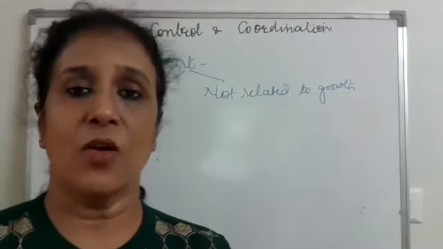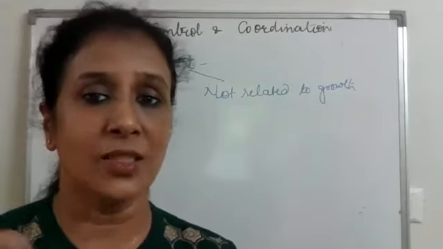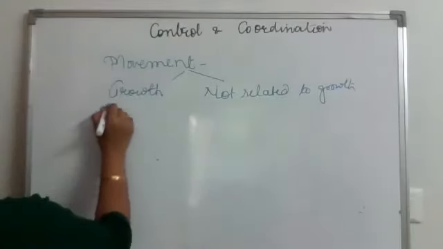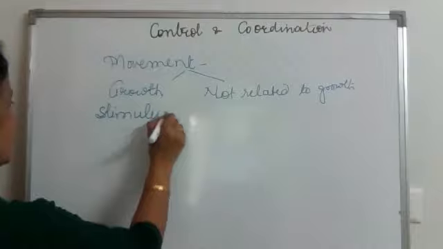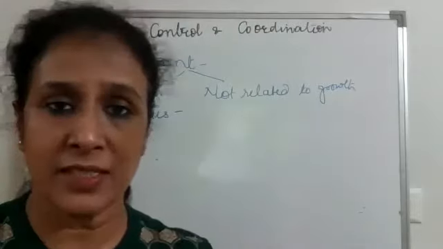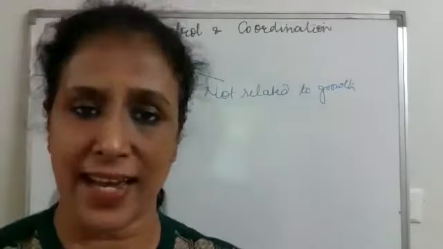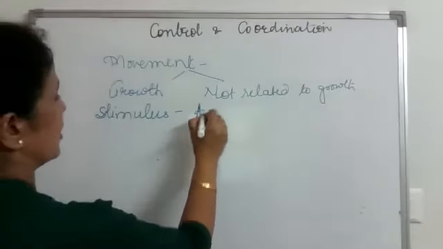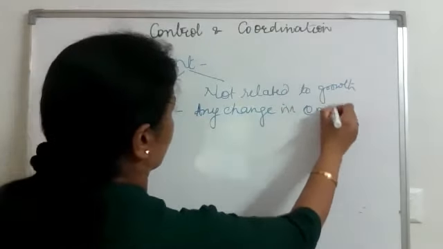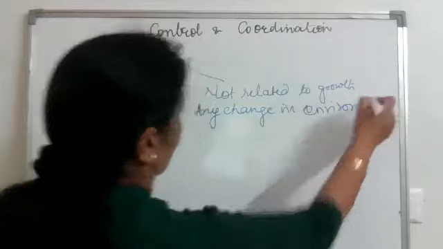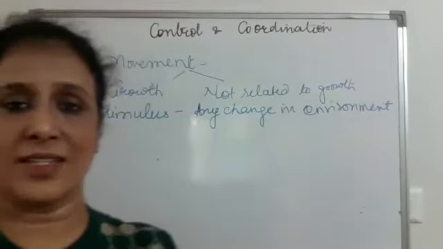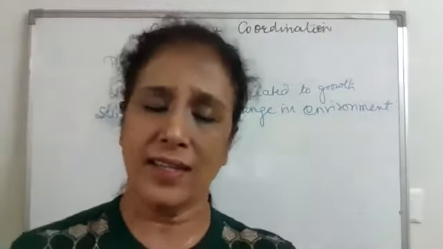These movements are always in response to a stimulus from the surrounding. Now, what is a stimulus? A stimulus is any change in our environment that makes us react. Now this change may be in terms of light, sound, touch, temperature, pain, anything.